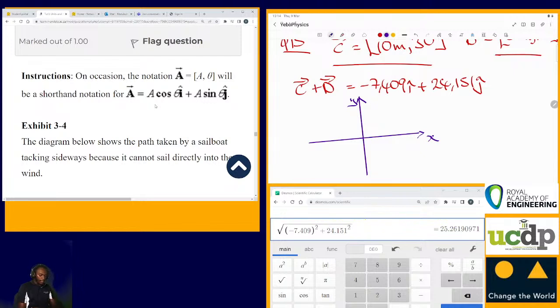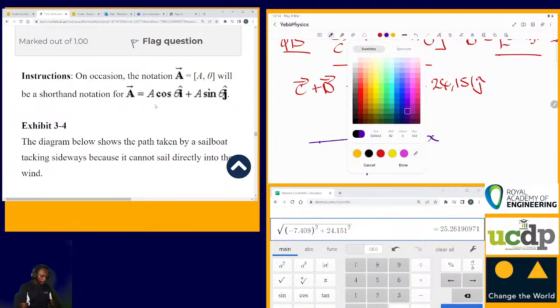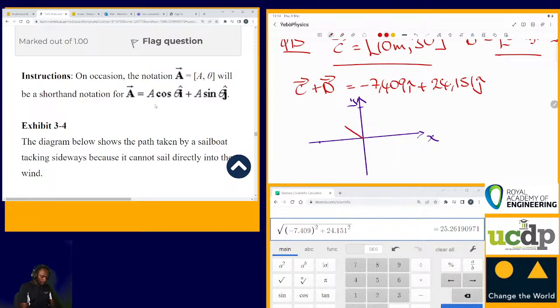So the x is negative, so we should be there, and our y is positive, so we should be there. Which gives us this direction. Right, so we can choose to close there and form our right angle triangle. And we make our angle theta there.